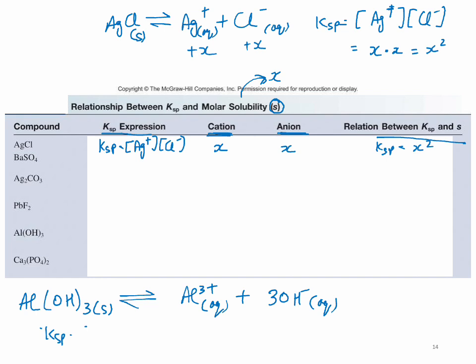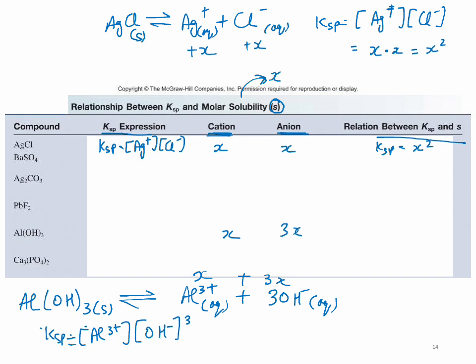KSP is going to be aluminum 3 plus to the power of 1, hydroxide cubed. And because this is going to be x, this is going to be 3x. So this is x, this is 3x because of the coefficient.